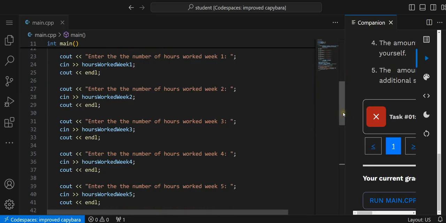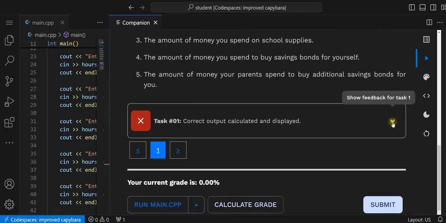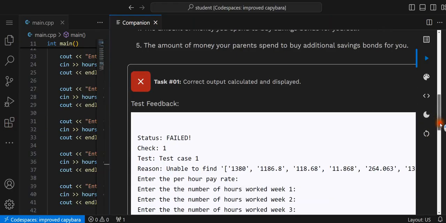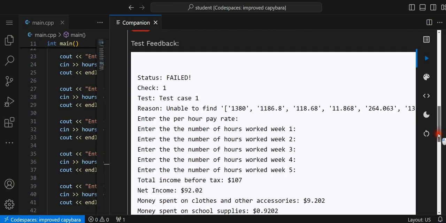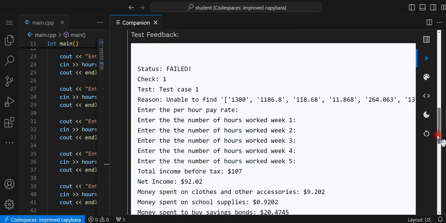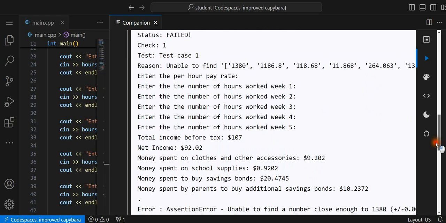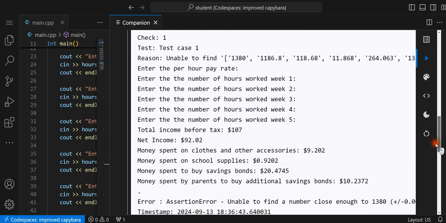If you're still working with these lines, I got a mistake. So let's jump off the code and see what this mistake is. Okay, enter the per hour rate. Enter the number of hours worked week 1. 1380. Hours worked.